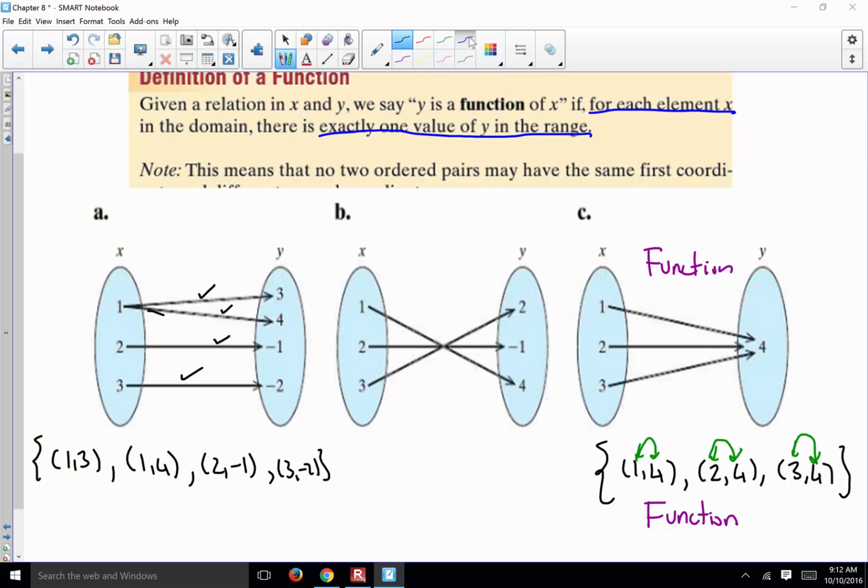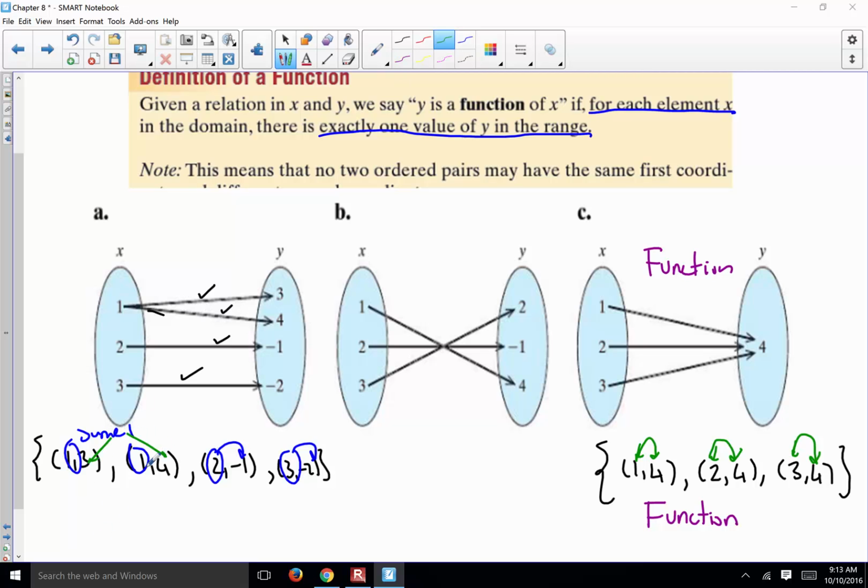Do you see each element x going to only one destination, one match on the y? Look, 2 is going to one match, 3 going into one match, but 1 is the same one going to 2 locations, 3 and 4.